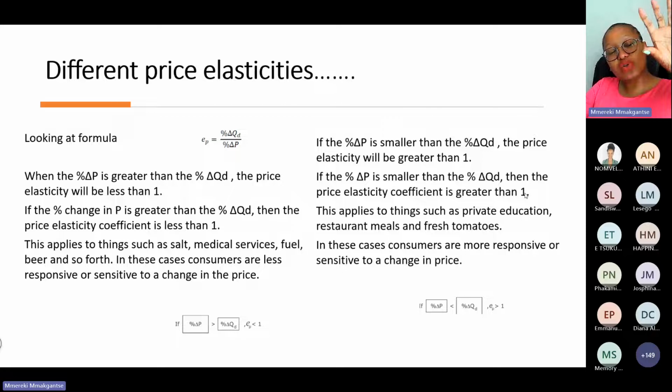if we are told that the percentage change in price is 1, and the percentage change in quantity demanded is 3, then 3 divided by 1 is 3, which is greater than 1. So the coefficient will be greater than 1. So yes, thank you, Mr. LaRue.